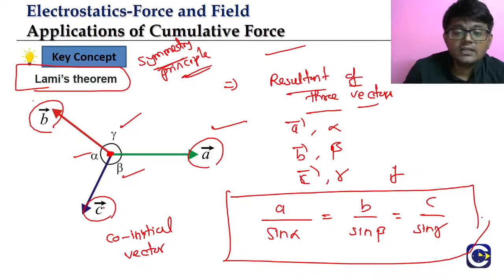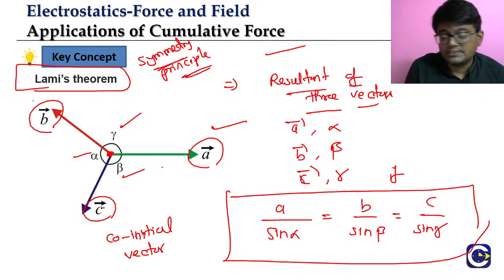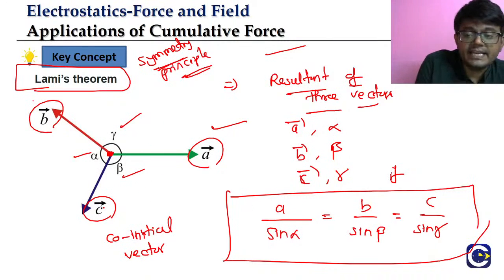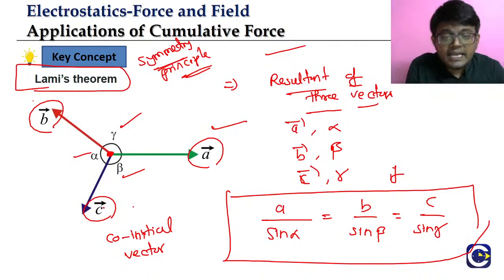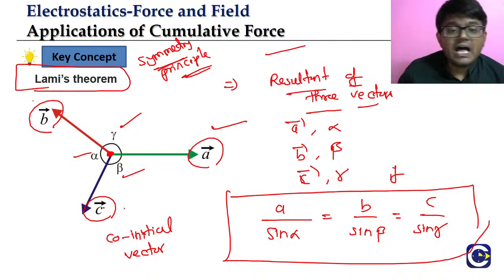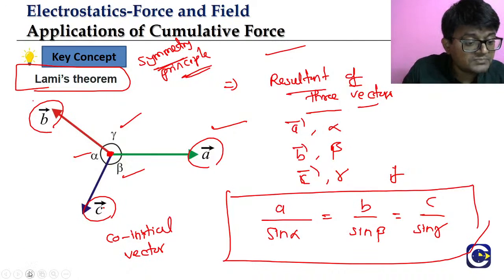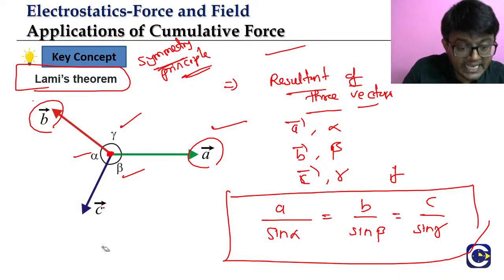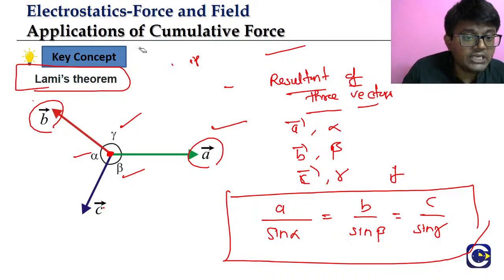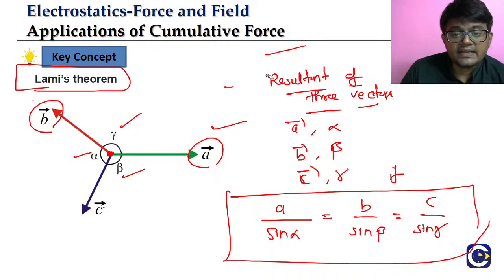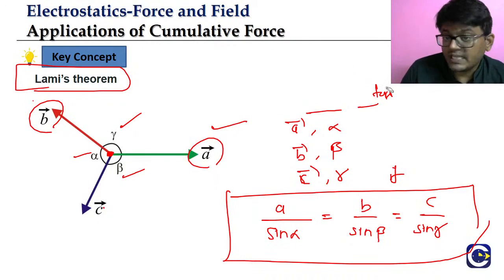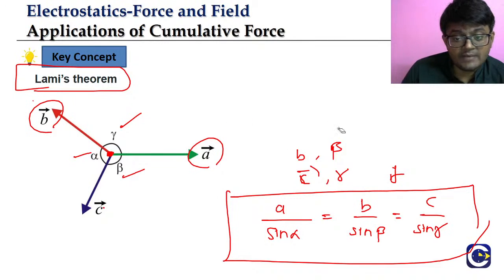Then these 3 vectors can be arranged as the sides of a triangle. How can we arrange them? The 3 vectors can be arranged as the sides of the triangle if this is satisfied. Generally, if any three vectors are given, we cannot arrange them as sides of a triangle.